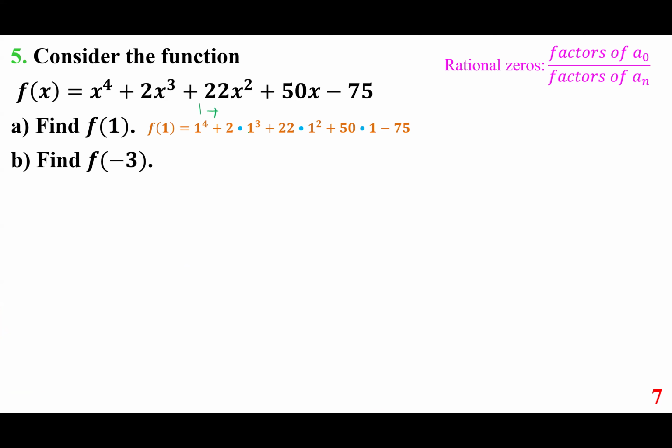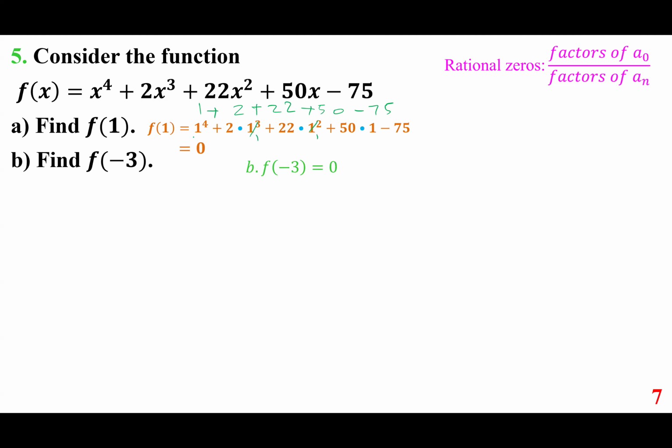See, this is 1 cubed, this is 2 times 1. This is 1, this is 1. So all of them are 1 times 2. This is plus 22 plus 50 minus 75. This is 0.